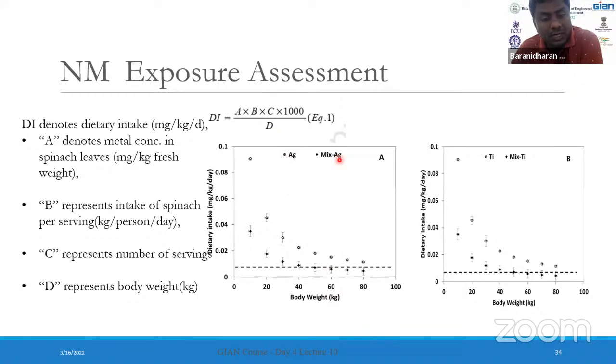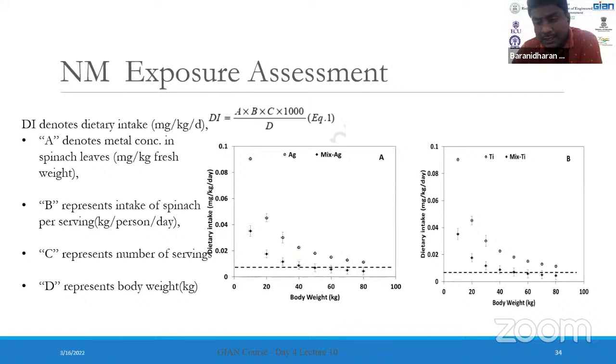With respect to body weight, two different concentrations were given, silver as well as mixture plus silver. So for the infants, with respect to the body weight, they were crossing the dietary reference mark, and they really possess a risk towards humans.